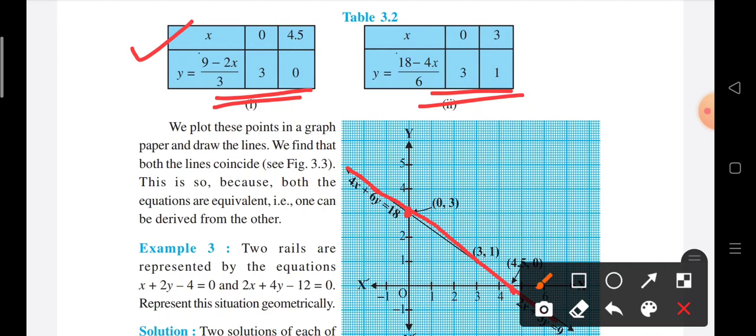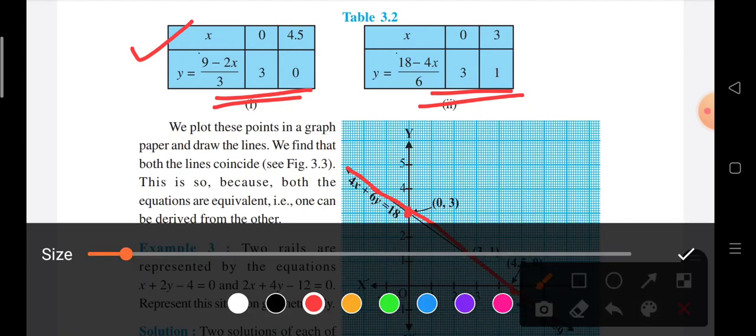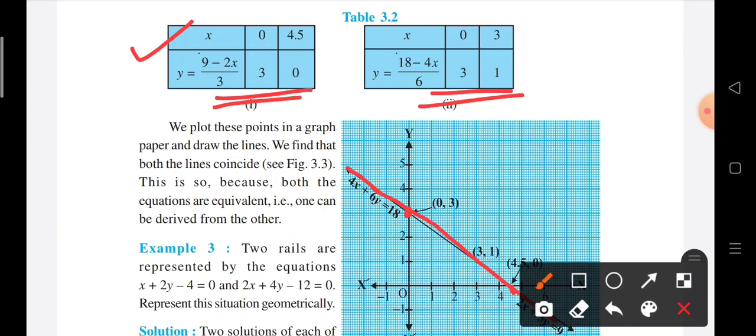Now for the second equation, we take a different color, black. (0, 3) is the common point, and (3, 1) is the point over here. These points are also on the same line, so they are coincident lines. We plot these points on graph paper and draw the lines. We find that both the lines coincide.